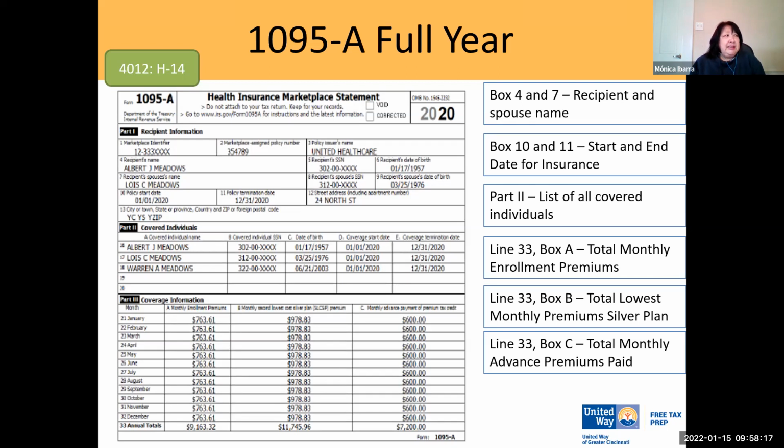And the idea in perfect practice would be that you let the government know all year if there are any changes so that they can adjust the advance payment or the assistance that you're getting to pay for your health insurance. So what this is on your tax return is you are trying to see, did you get enough assistance to pay for your health care?